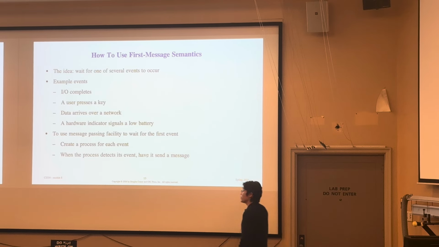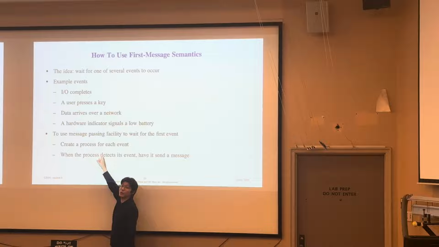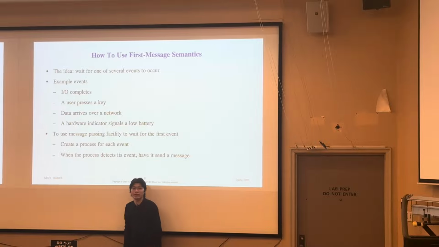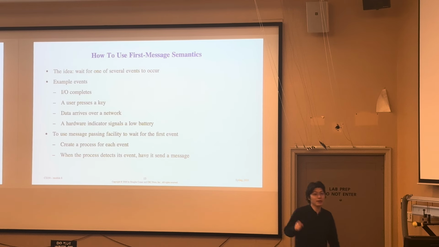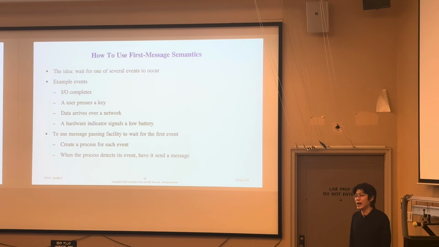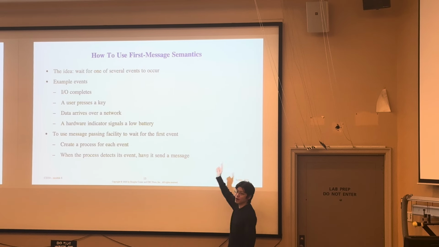That is why the first message semantic is meaningful and useful: you are creating one process for each event. To receive a message for an event, you create a separate process. That's how Xenu makes it really useful. Otherwise, this functionality is too limited.